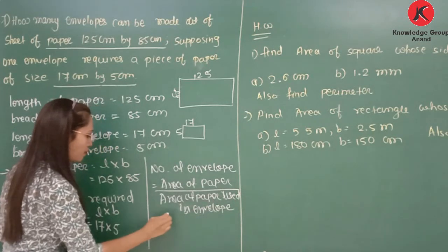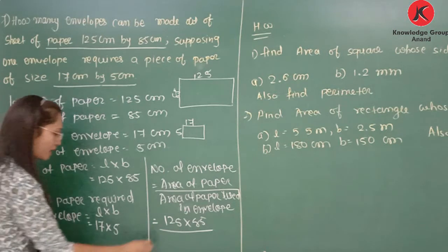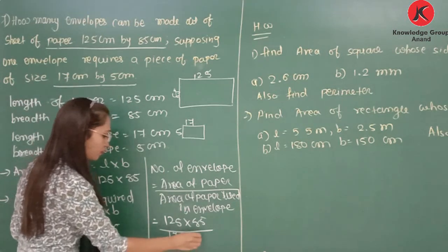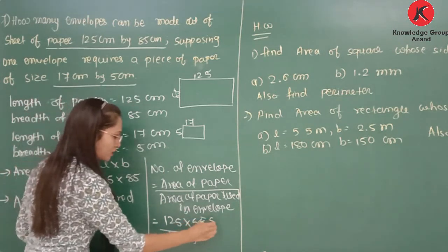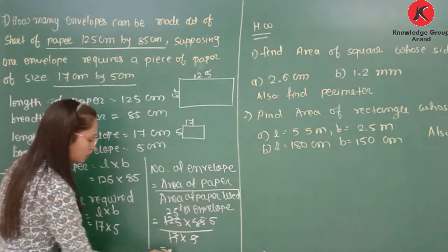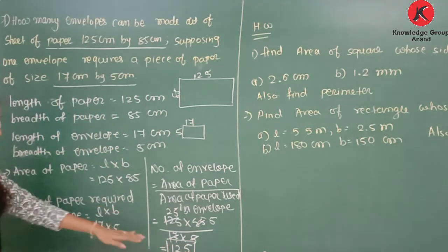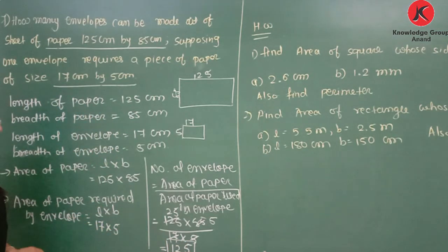So area of paper is 125 multiplied 85 and area required by envelope is 17 multiplied 5. So 17 5s are 85, 25 5s are 125. So the number of envelopes that can be made from the paper is 125.